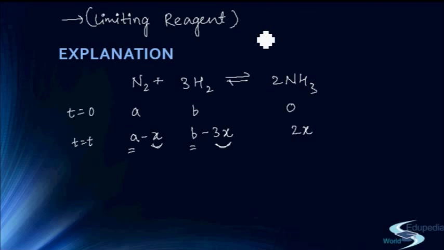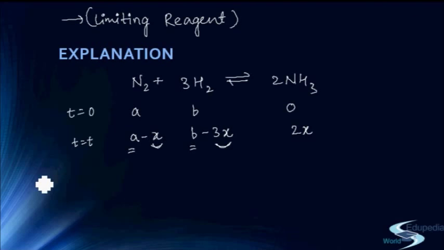But the degree of dissociation of the whole reaction will be equal to the degree of dissociation of the limiting reagent. So you will have to find out which of the two reactants is your limiting reagent. The degree of dissociation with respect to that reagent will be the degree of dissociation of your whole reaction. So for example, let's say in this particular case hydrogen is the limiting reagent. Then alpha will be defined with respect to hydrogen and not nitrogen.